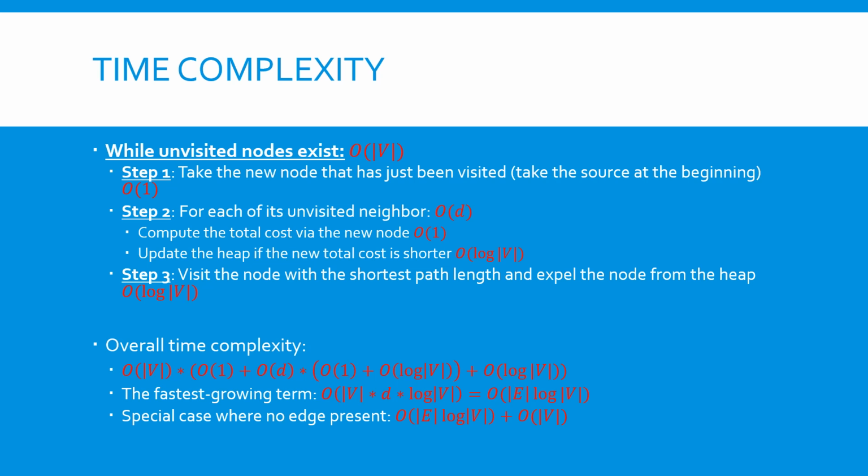Also note that the time complexity O(E log V) does not consider the case where D is 0, or the graph contains no edges. To consider this case, we add O(V) back to it and claim that the time complexity of Dijkstra's algorithm is O((V plus E) log V).